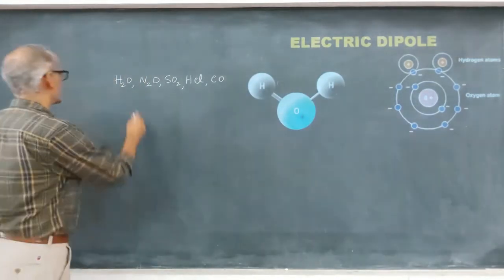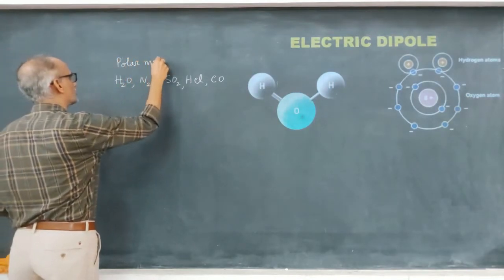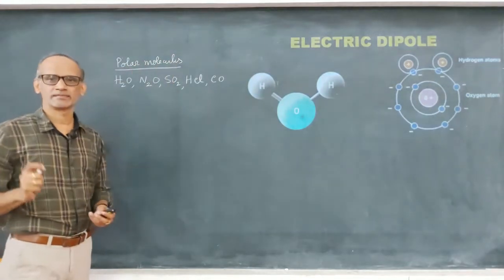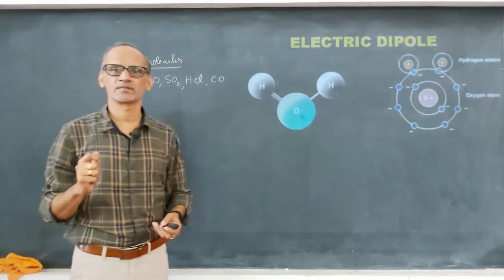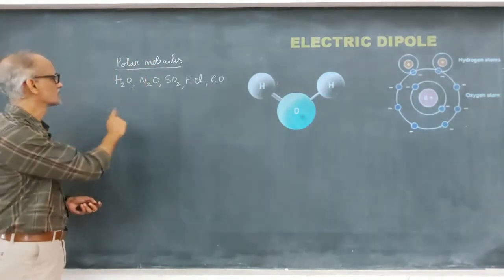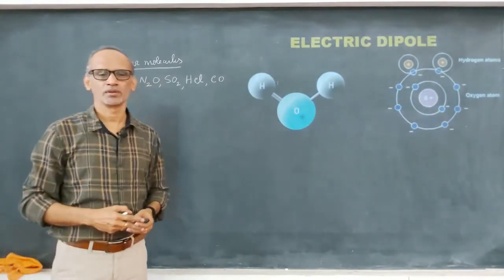Such molecules are called polar molecules. So, what are polar molecules? Molecules in which the center of positive charge and center of negative charge do not coincide are called polar molecules, and all these are examples of polar molecules.